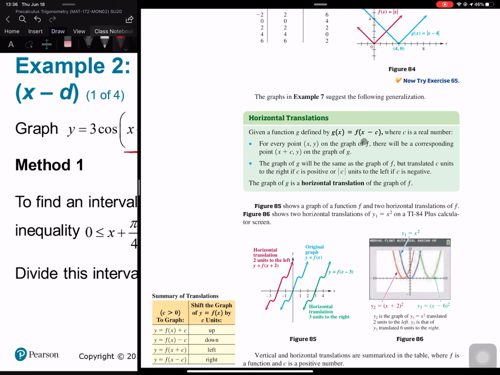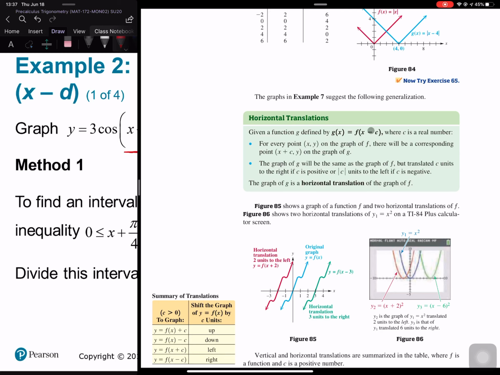What this does is anytime we are adding or subtracting a constant inside the argument, we're going to see a translation, a shift horizontally. And it is counterintuitive. The way you have to think about this is you should always try to write your horizontal translation, your argument, as the independent variable x minus some constant.